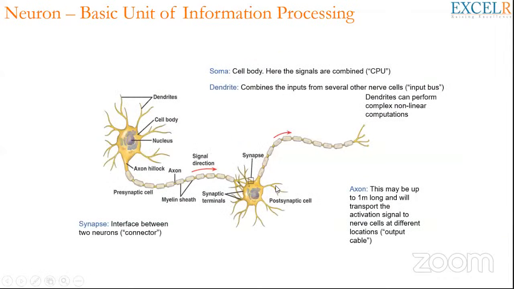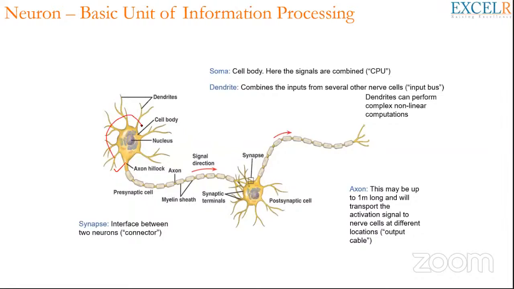Let us see the biological neuron structure. This is one neuron. Like this, we'll have 80 to 100 billion neurons. I'm sure you must have come across this kind of structure in your 10th class or other classes in biology. This is one neuron, and you see the spikes, right?